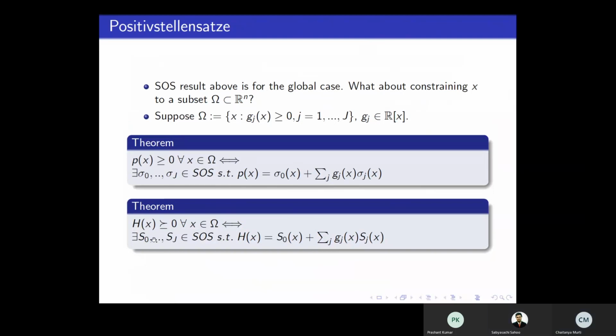So we have this matrix polynomial h(x) is positive semi-definite for all x in omega if you can find these sum of squares matrices, which basically means that h(x) is equal to S_0 plus the sum of g_j S_j. These two things are equal. Now we say a matrix polynomial S_0(x) is sum of squares if y transpose S_0(x) y, where y is also in R^n, is a sum of squares polynomial in 2n variables.